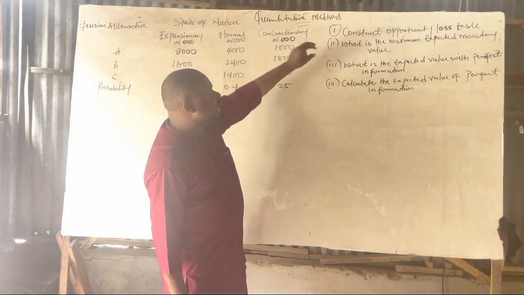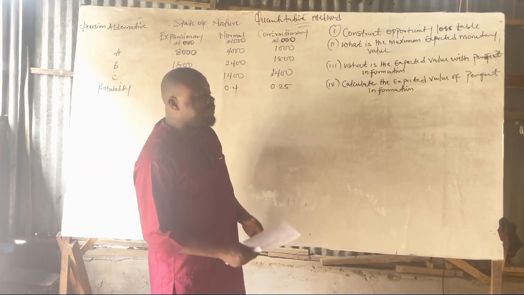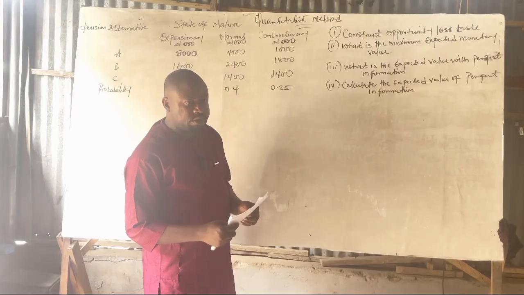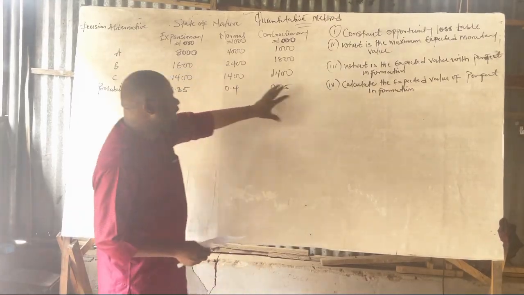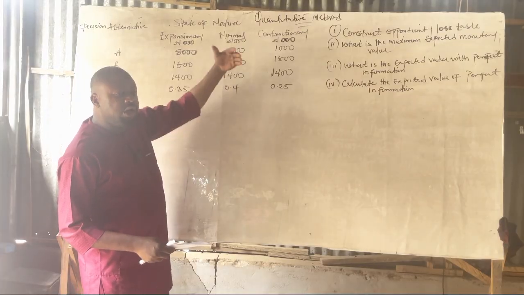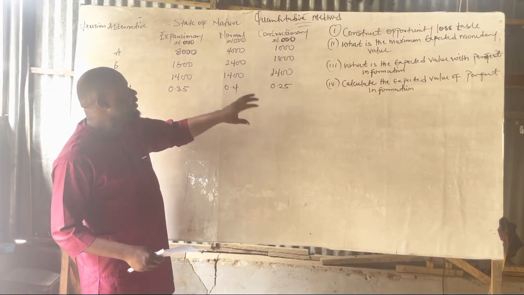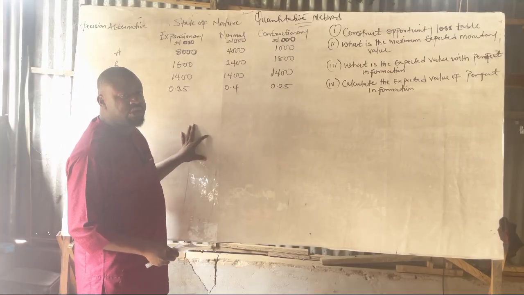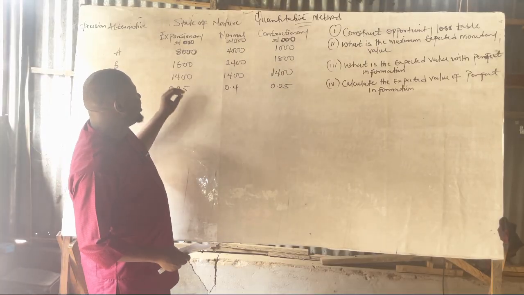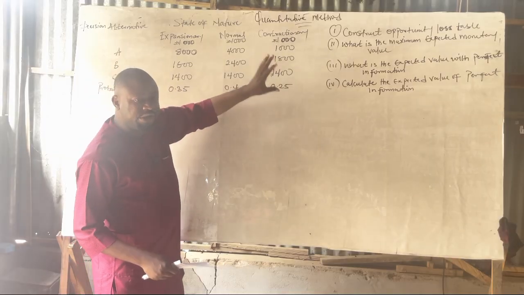So now we are going to start with the first one, which says we should construct an opportunity loss table. Now an opportunity loss table is a table that summarizes all the losses you will encounter as a result of not embarking on the best payoff in each state of nature.